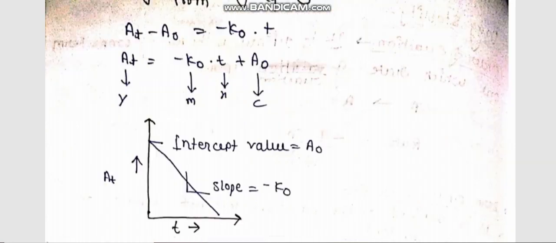From this equation, the percentage of drug that remains can be calculated very easily by plotting a graph between AT and T. Here the equation which we determined is compared against the mathematical equation y is equal to mx plus c.